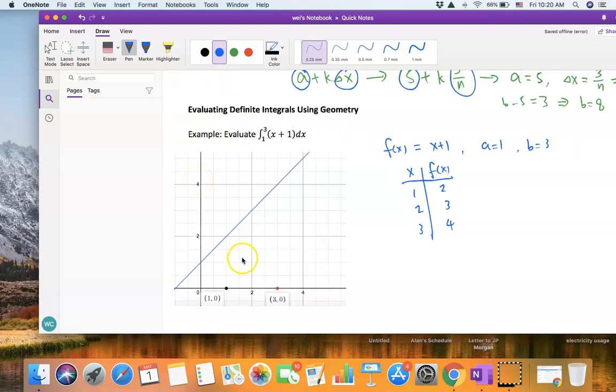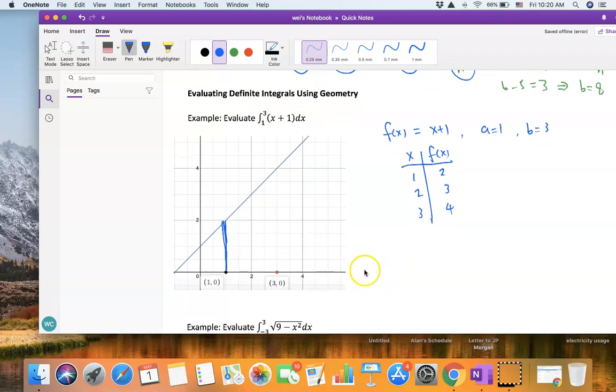So x equals 1 is this vertical line, and x equals 3 is this vertical line. So here the bounded region is this one.